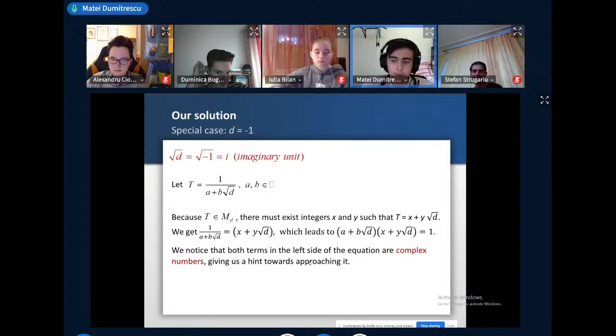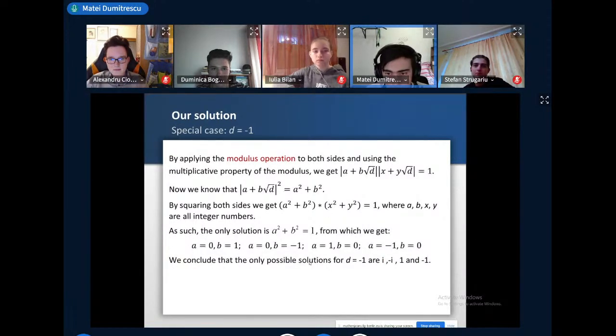We notice that both terms on the left side of the equation are complex numbers, which gives us a hint towards a good way to approach it. By applying the modulus operation to both sides and using the multiplicative property of the modulus, we get the following equation.